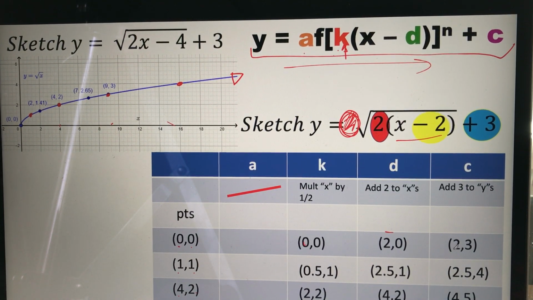If I were to sketch this, 2, 3, I would be here, 2.5, 4 is there, and 4, 5 is there. So it looks something like that, kind of a rough sketch, but that's how I'll be able to track these things with the values there.